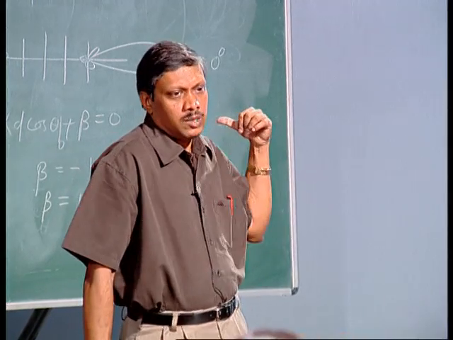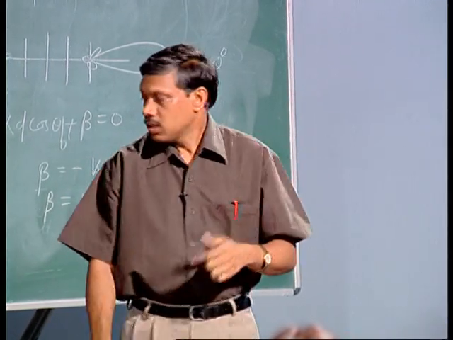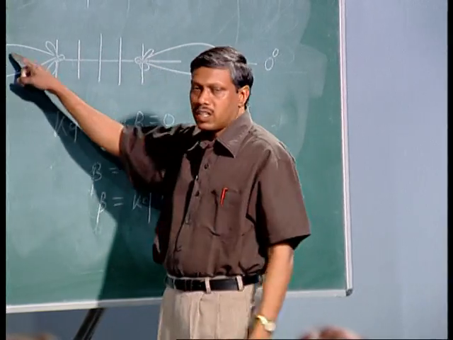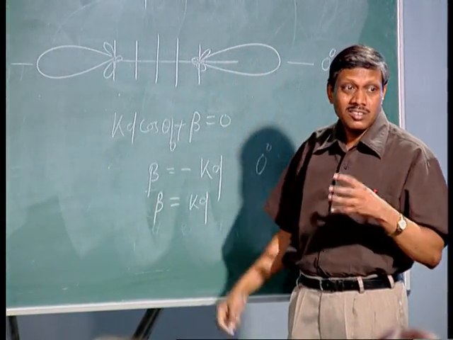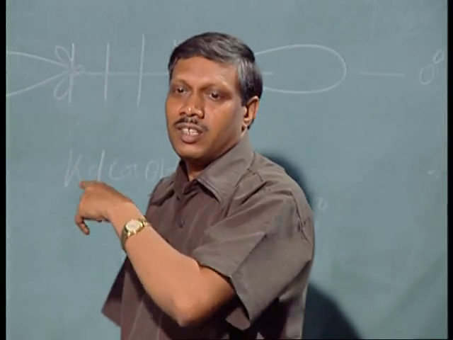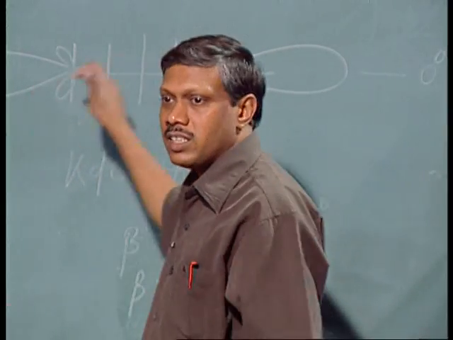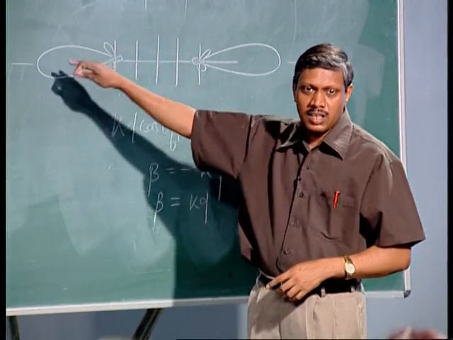As already told, in this situation, in the 0 degree or 180 degree, you may get maximum field, but this ordinary end fire array does not guarantee that maximum directivity will be in that direction. The fields are getting added up in 0 degree as well as 180 degree.